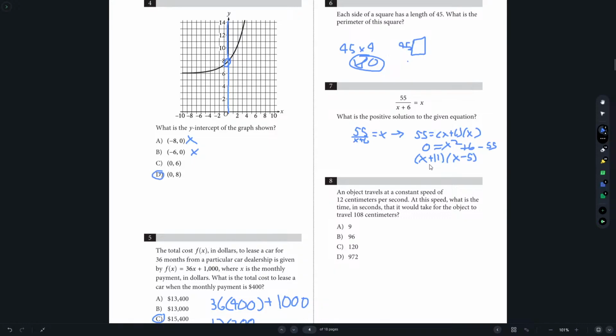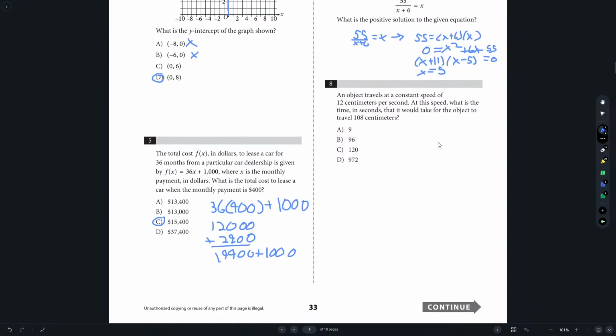And then negative 5x plus 11x will give us positive 6x. So then we have x is equal to 5, because if this is equal to 0, then when x is equal to 5, this will equal 0. So this is the positive solution. We can verify this. That 55 divided by 5 plus 6, or 11, is equal to 5.